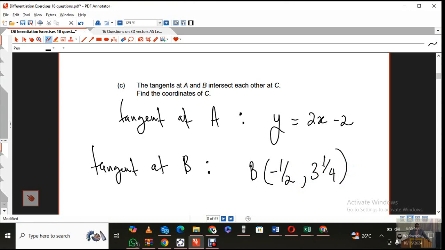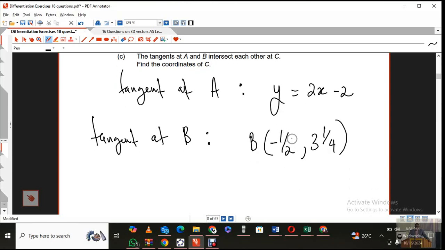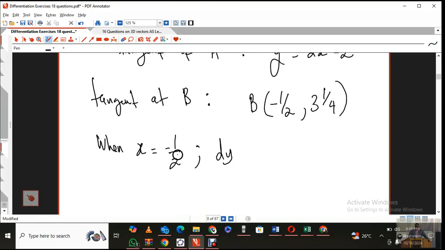Okay, and also I'll use the decimals. So what is it that we also know? When x is equal to negative a half, we need to go back and say dy/dx. Remember what our gradient formula was?